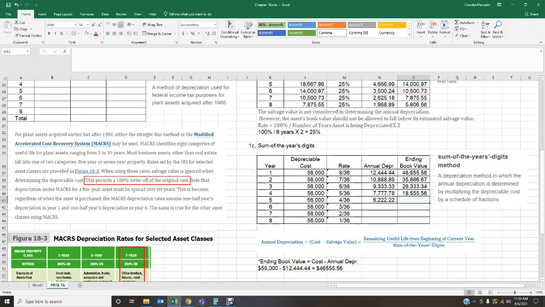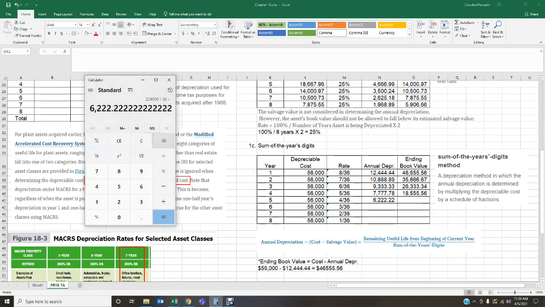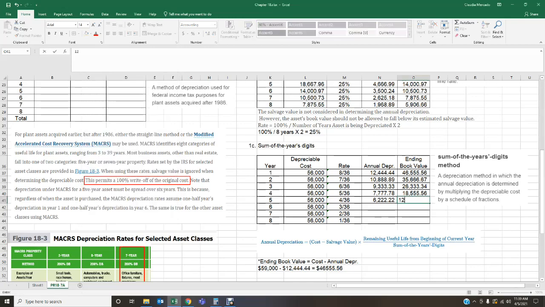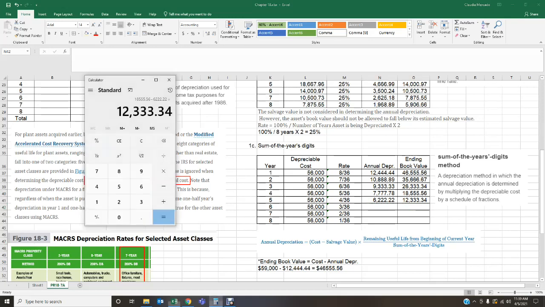Okay, and then once you're done calculating the annual depreciation, you get your prior year's beginning book value, which is the 18,555.56, minus the annual depreciation of 6,222.22. That gives me 12,333.34.